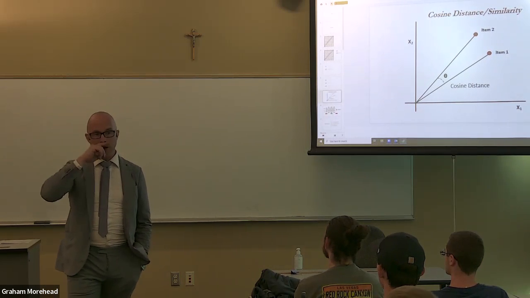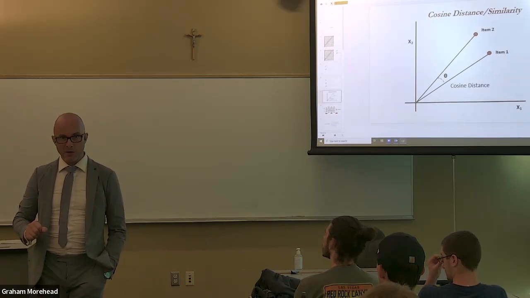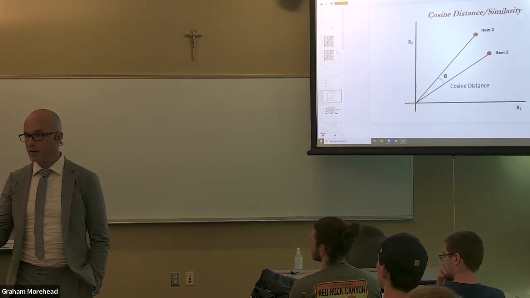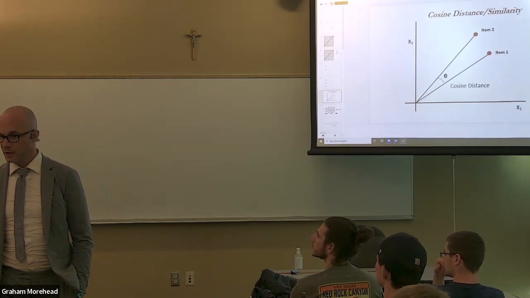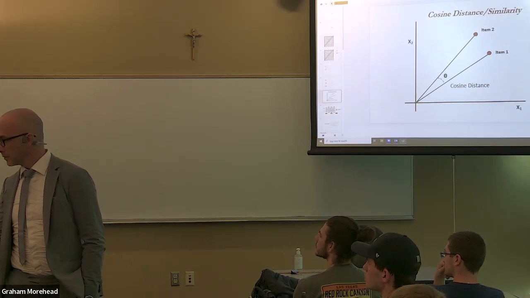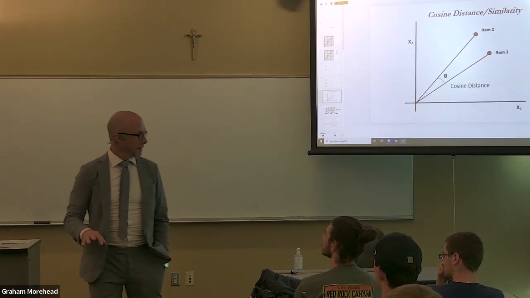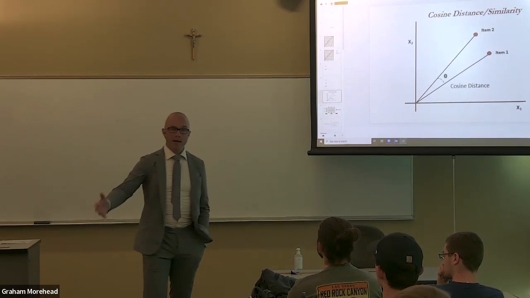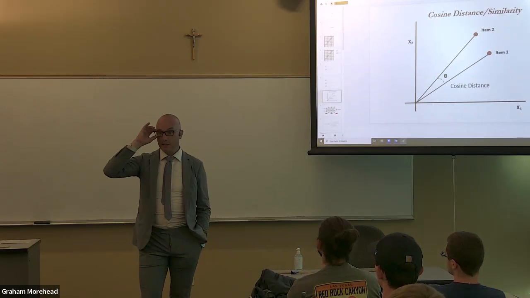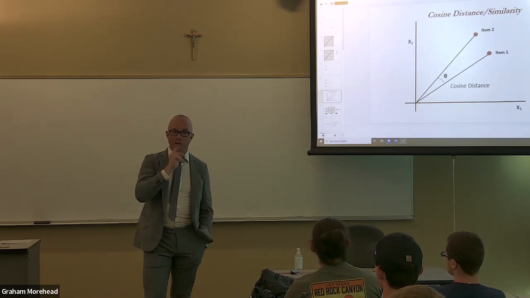Like if I'm a vector and he's a vector, as I get closer to him, the distance goes to where? 0. What's the similarity go to? 1. Now, if I'm as far away as I can get from him, then what is the similarity? 0. What is the distance?